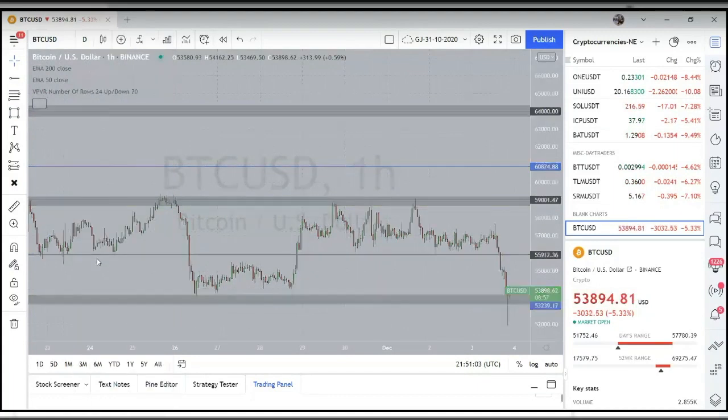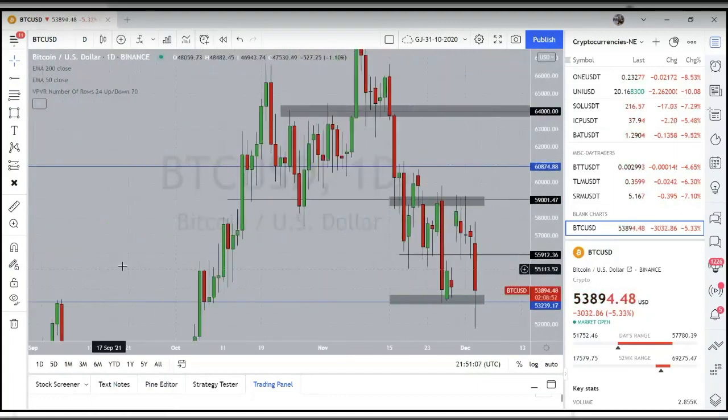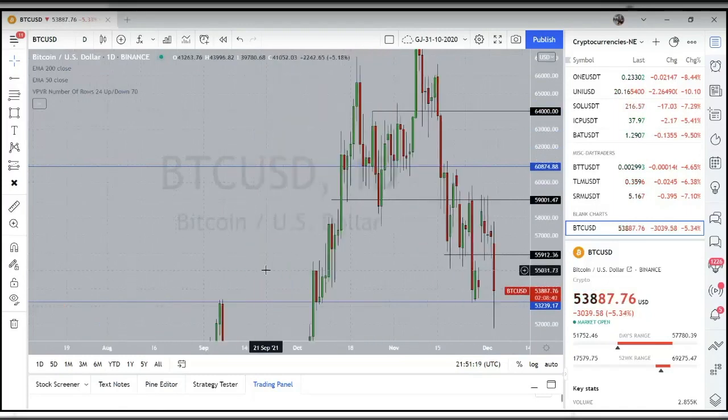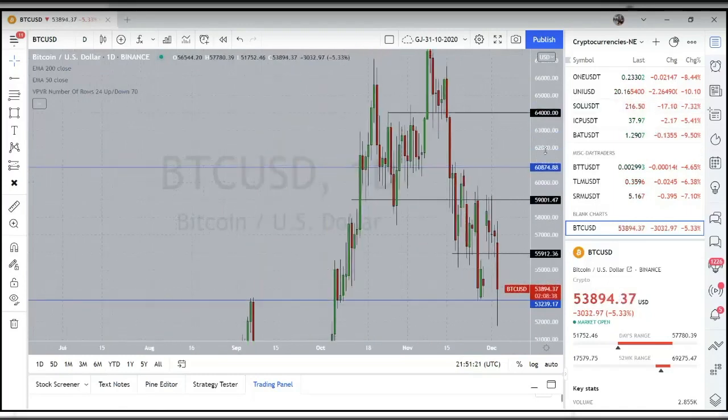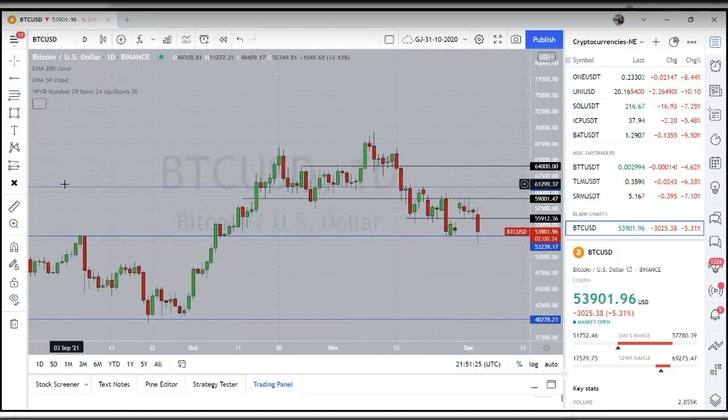Let's go up to the daily. Let me get rid of these and put them on the key daily levels. What I also forgot to mention is that I only really draw those zones on key levels, what I call my daily levels.